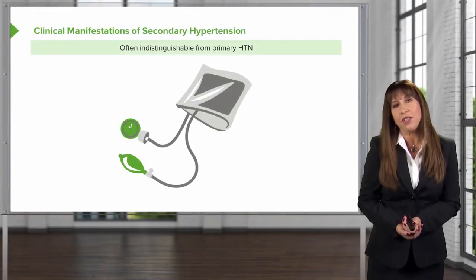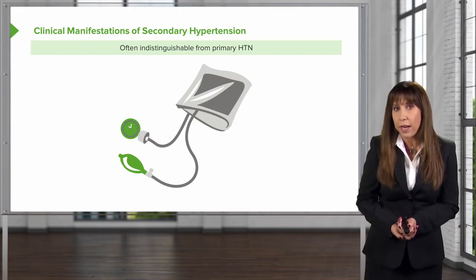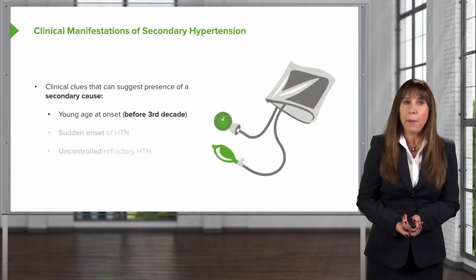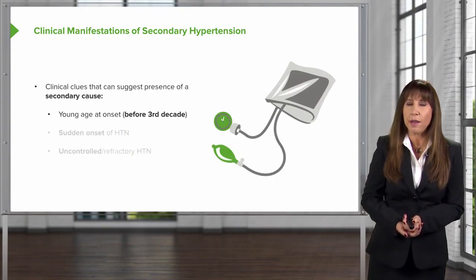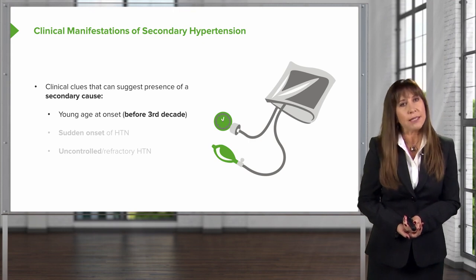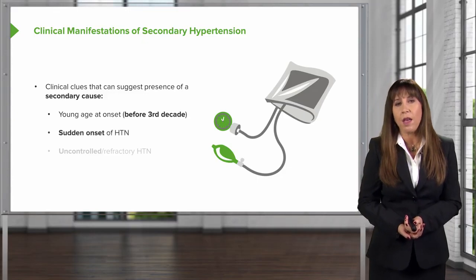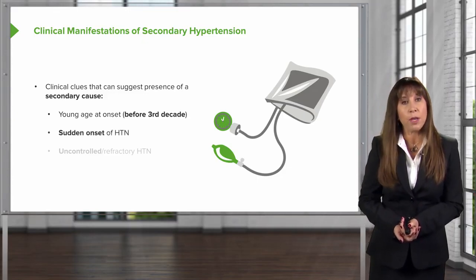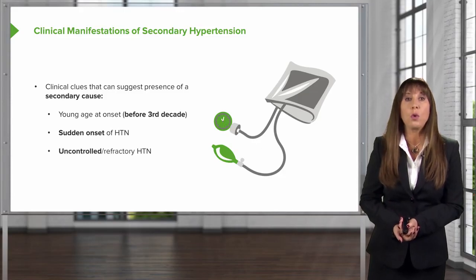When you have that patient sitting in front of you, it's very difficult sometimes to distinguish between primary and secondary hypertension. But there are a few clinical clues that can suggest the presence of a secondary cause. This includes young age of onset, typically before the 3rd decade. A sudden onset of hypertension in somebody who was normally normotensive. Or uncontrolled or refractory hypertension.